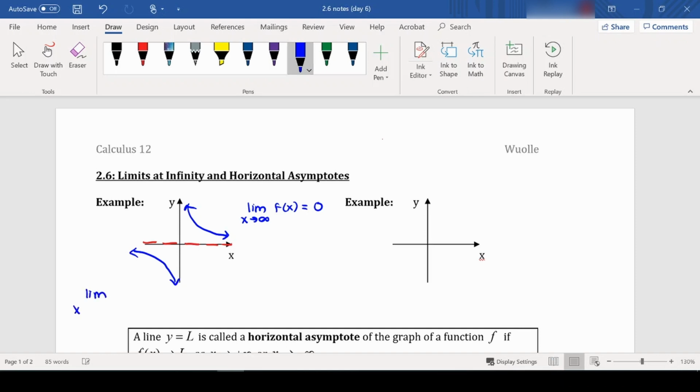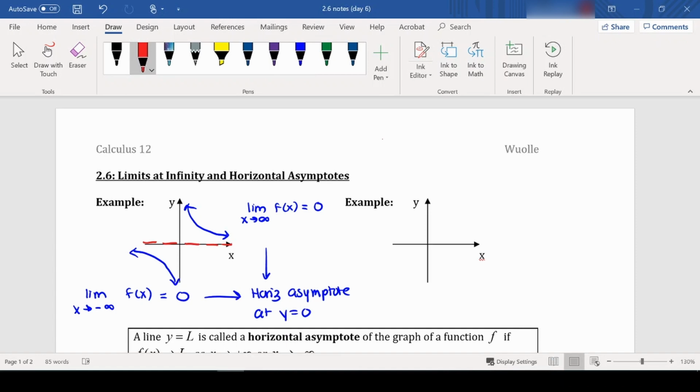Similarly, if I look at the limit as x is approaching negative infinity, if I head off to the left forever, I also would have that my y values are approaching 0. So if either of these are true, it doesn't have to be both, but this tells me that I have a horizontal asymptote at y equals 0.